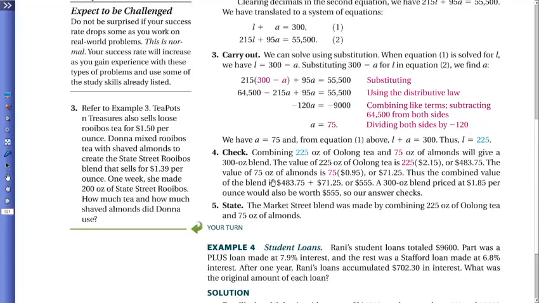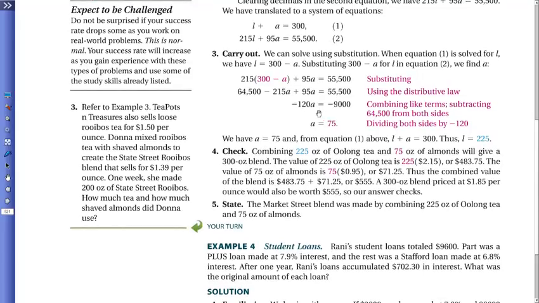And in this case it does. So the actual solution for this is I end up with 225 ounces of oolong tea mixed with 75 ounces of almond slices to fit the scenario or answer the question.